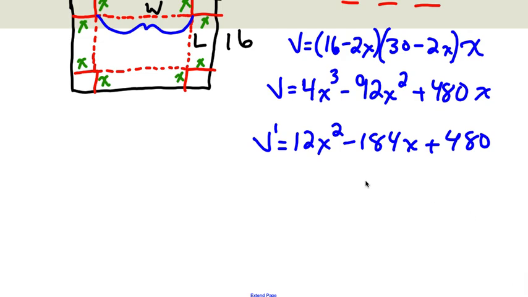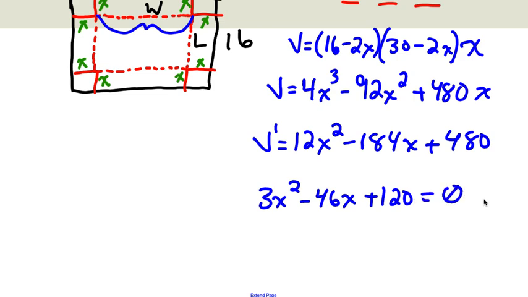Now, I know that these are all divisible by 4, so I'm going to divide them all by 4 before I do this. So 3x squared minus 46x plus 120. And I want to know, first of all, where is this equal to 0? Because if we're trying to find a max or a min, remember the first thing we have to do is find that critical value. We have to find out where it's 0, and then we'll see what the max is.